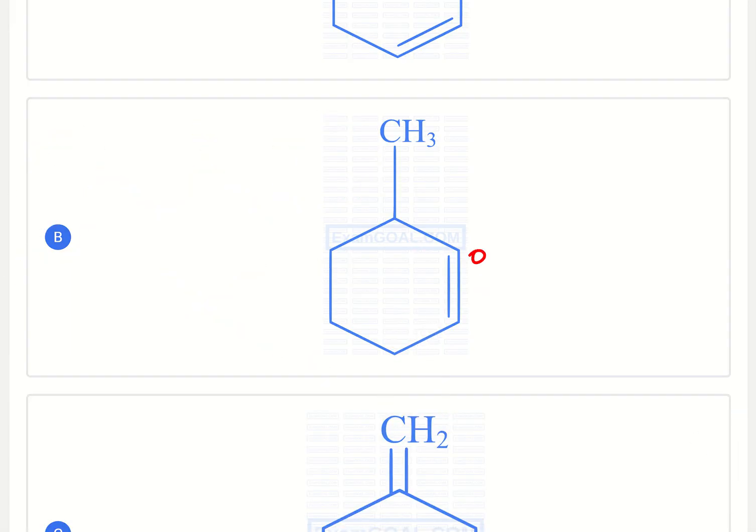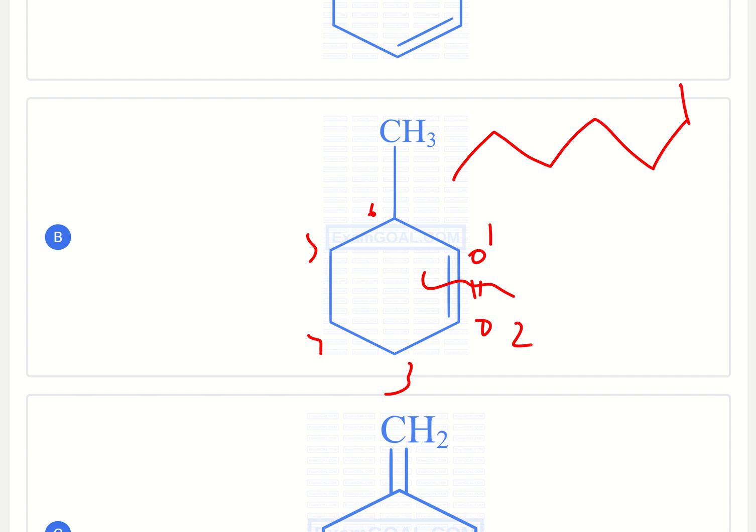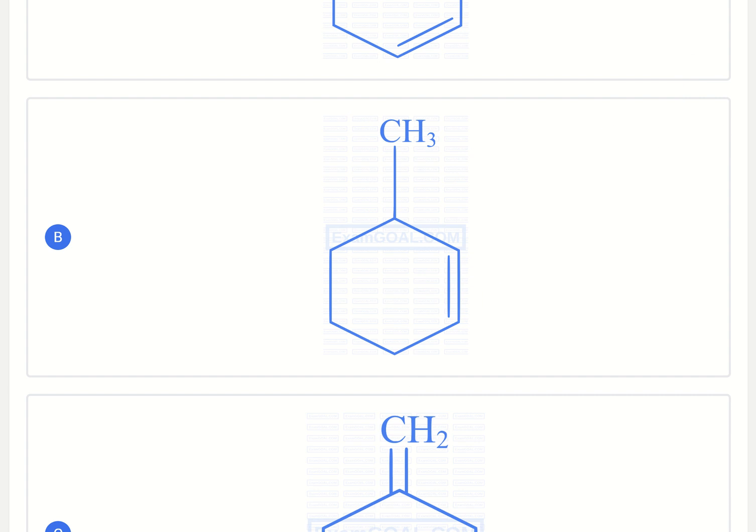Again, if I do ozonolysis there, 1, 2, 3, 4, 5, 6. It is CH3 double bond O. Okay, I got this thing wrong.